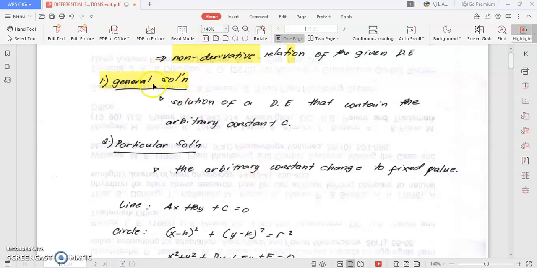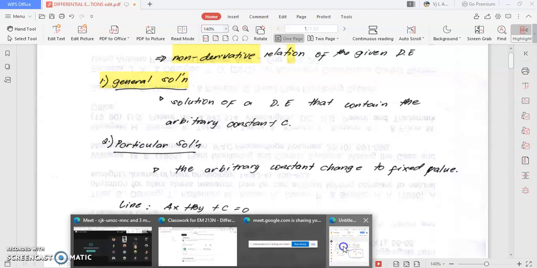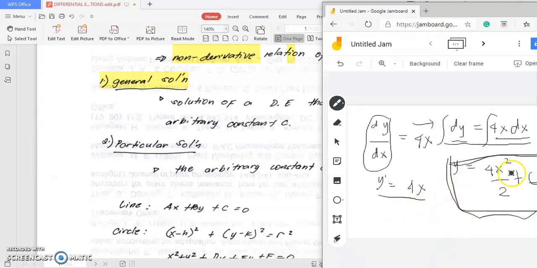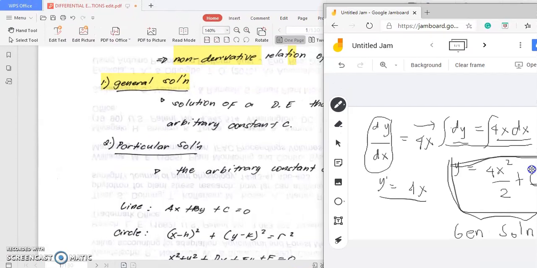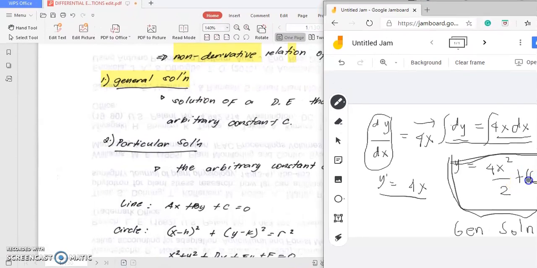So, general solutions are solutions that contain arbitrary constants. Like this is a general solution. You have an arbitrary constant.